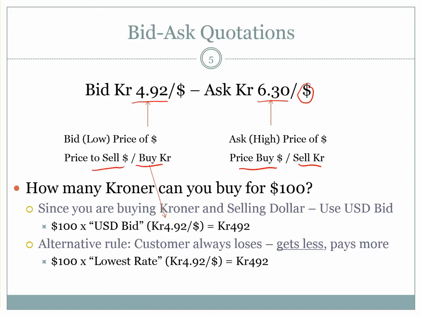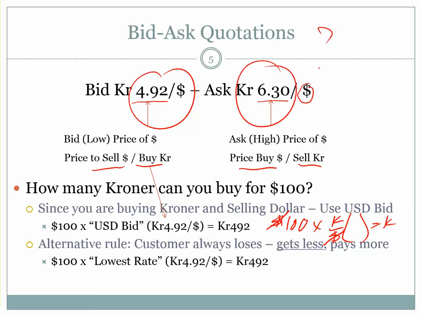So if you are asked how many crown can you buy for $100, I'll set up my basic problem. $100 times some crown per dollar exchange rate will give me crown. Now the question is, do I use 4.92 or 6.30? Well, if you go back up to the argument we used, this is the low exchange rate for the dollar. So this is the exchange rate to sell dollars, buy crown. You can realize that that's the exchange rate to use.